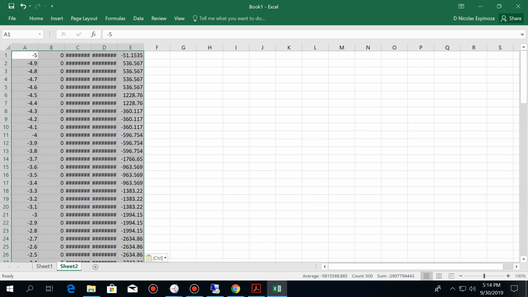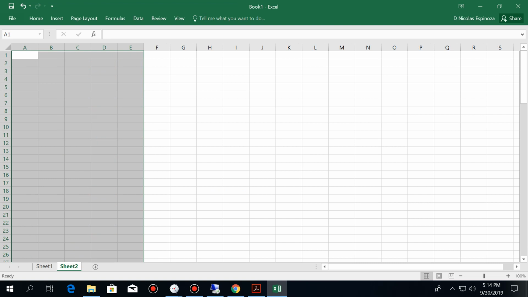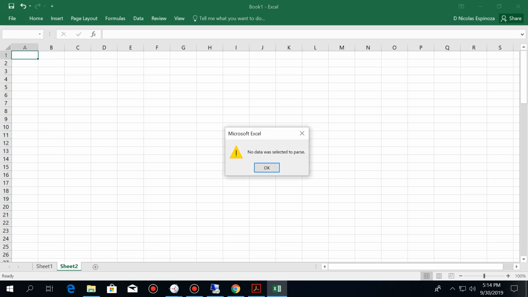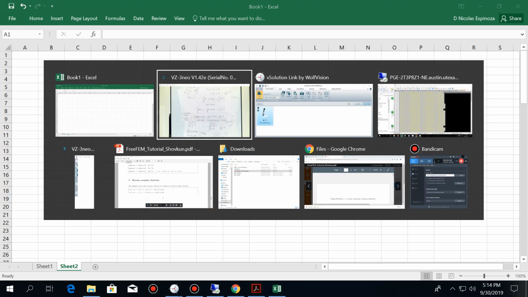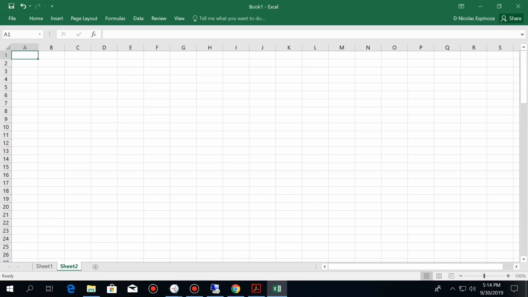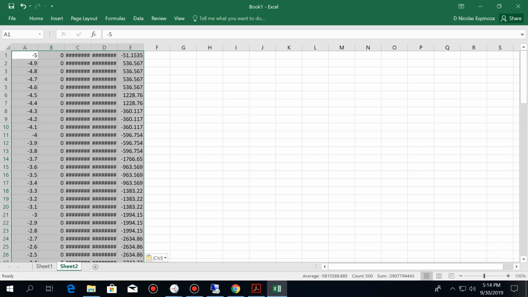It already separated. Once you have your data all selected, you go to Data, text to columns. Okay, let me do it again. Copy the data, paste it.